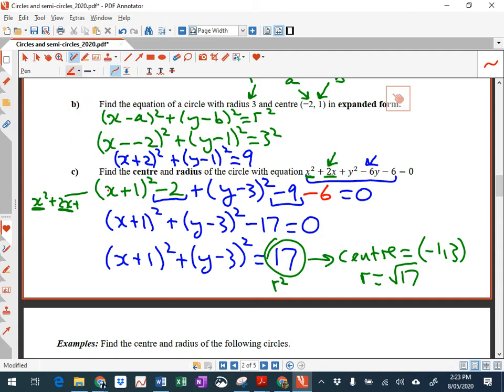Yep, there should be a +1 there. And that means this guy over here, scribble that out, that should be -1. So let's just fix that up. Get rid of that. That should be -1 there.